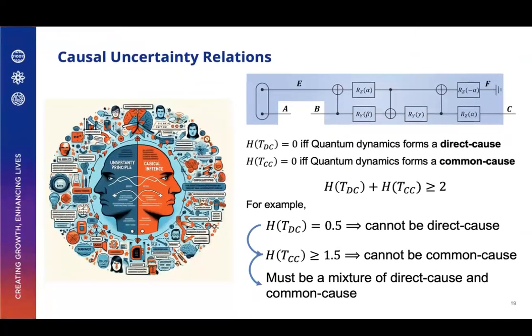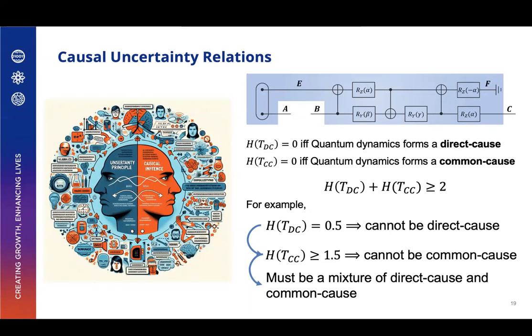Now I'm trying to answer why this kind of causal uncertainty relation can be used to do causal inference. For example, for the qubit case, we figure out for the indicators of direct cause and common cause, the lower bound is 2, and this is optimal. Then if we implement the indicator of direct cause and obtain its entropy equal to half, then it cannot be direct cause, because the indicator of direct cause is an if and only if condition for the quantum dynamic to be direct cause.